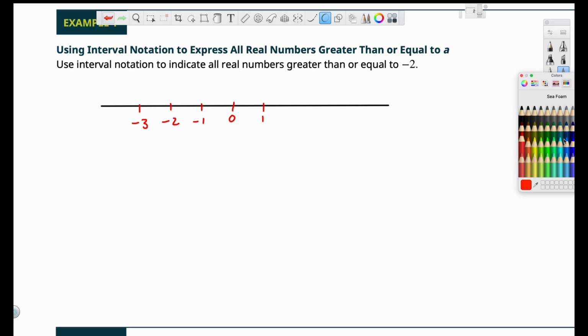And then we're saying all real numbers greater than or equal to -2. So I'm going to do a closed circle, and then I'm doing everything to the right, just like that. So the way we would write that is we would say bracket -2, this is our interval notation, comma, infinity. Let me write that better. Okay, so bracket means include, and that is a closed circle there on my number line.